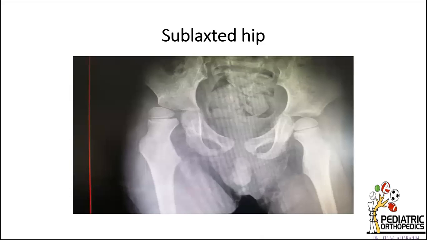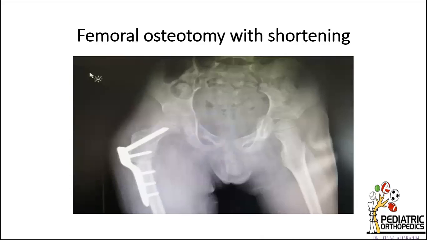In this pelvic X-ray, we have a subluxated hip, so no need to open the capsule, just do varus derotational osteotomy with shortening to keep the head contained in the acetabulum.